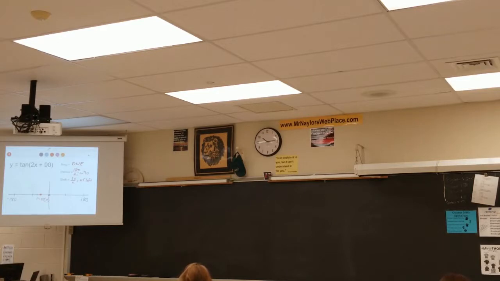Now, here's something that is always true for tangent, and that is that the asymptotes are going to be equally spaced from that center point. To be equally spaced from that center point would be to think about half of the period. And half of the period, 45 degrees, is going to give us a distance that we can travel from that middle point.